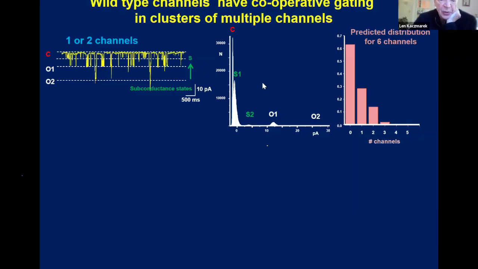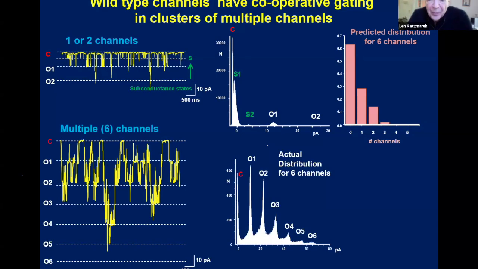You just simply add these sorts of things together and make a binomial prediction that if you have this sort of distribution for the number closed, number open, and the number of doubly open states, this is what you would get if you had 6 channels.